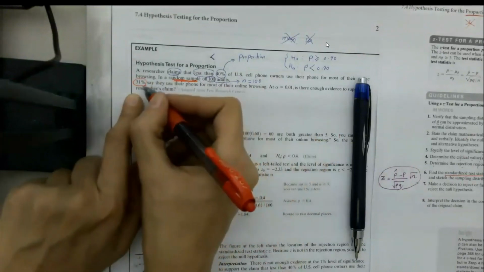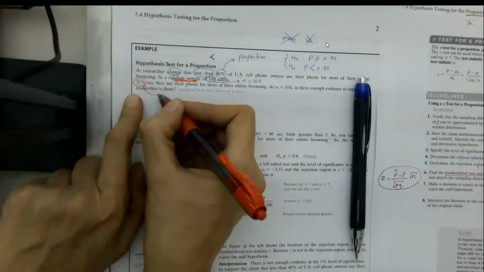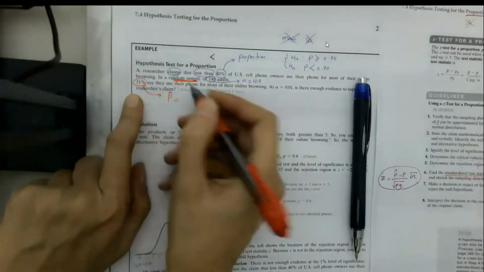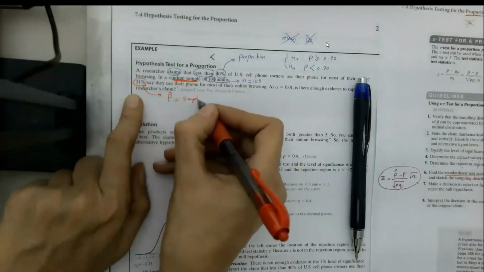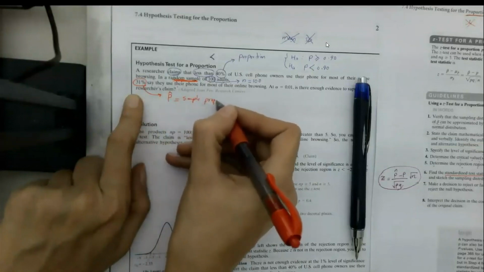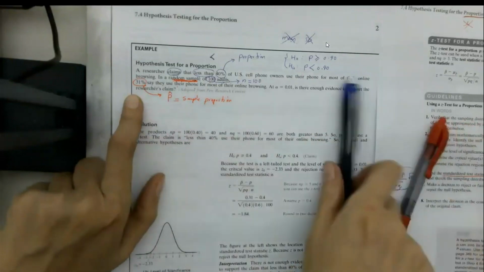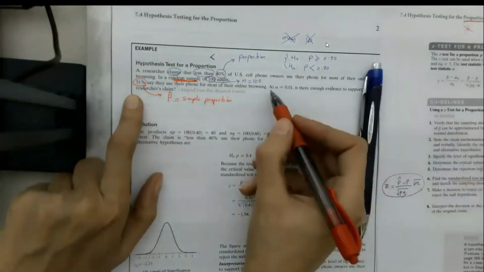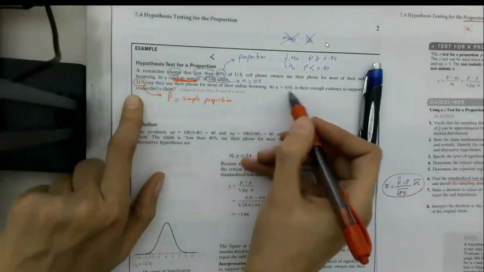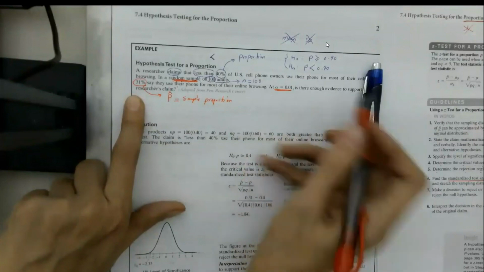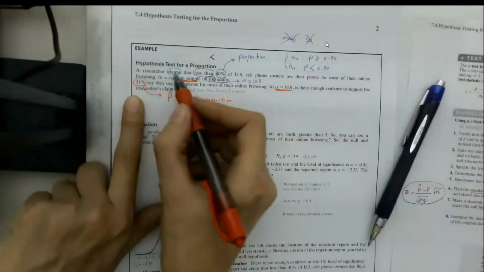What is this 31%? This 31% is p hat, sample proportion. Very well. So it says at alpha equals 1%, our level of significance is given. Is there enough evidence to support the claim?